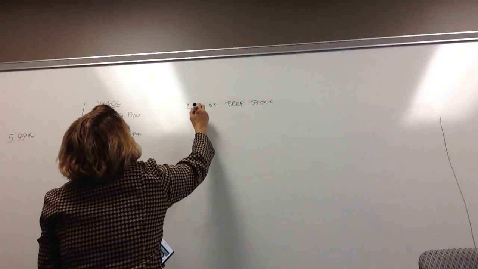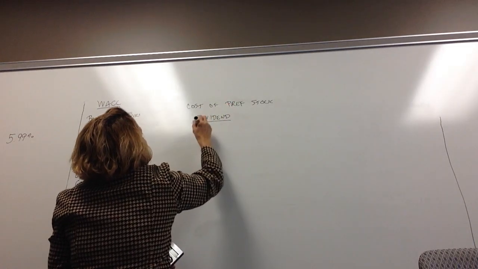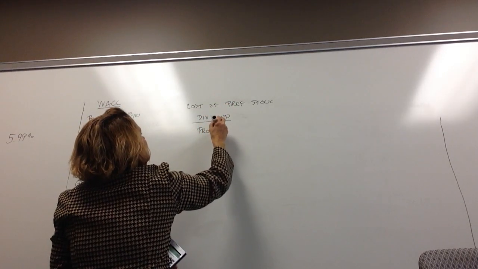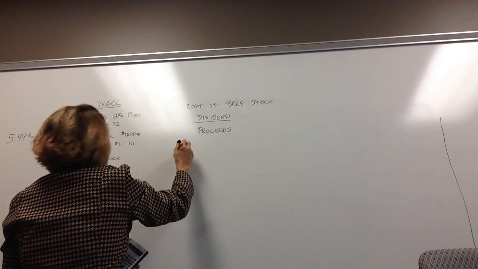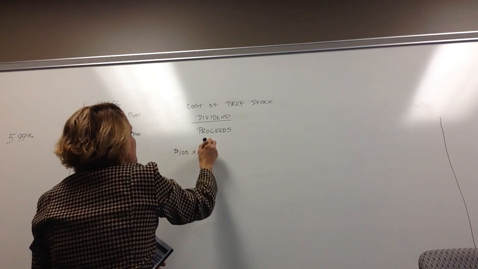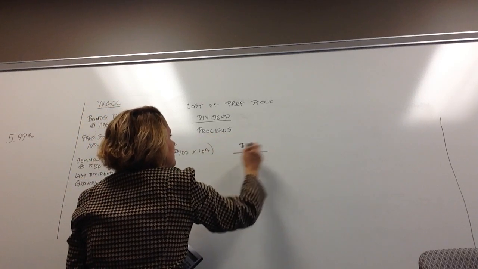So my formula is the dividend divided by the proceeds. The dividend is going to be the $100 par value times 10%, which gives us a $10 dividend.